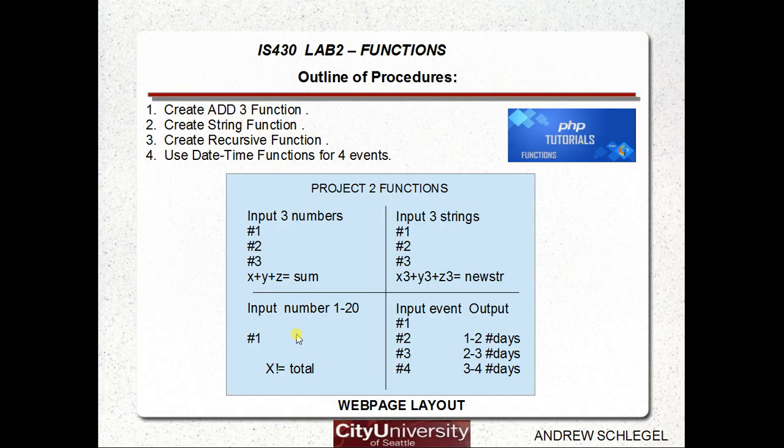Then the third one is you're a little more on your own. Create a recursive function. A recursive function, that sounds scary, but all it means is it just keeps calling itself until it's done. So like this one, I input 3 numbers, say 2, 4, and 6, and it only calls the function 1 time, adds them up, and it gets 12, and then comes back to the main program.